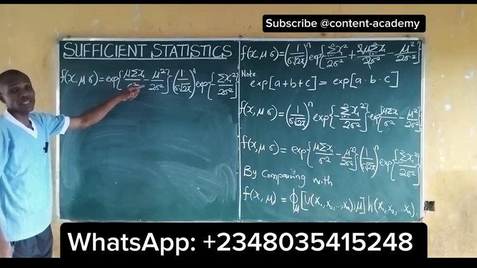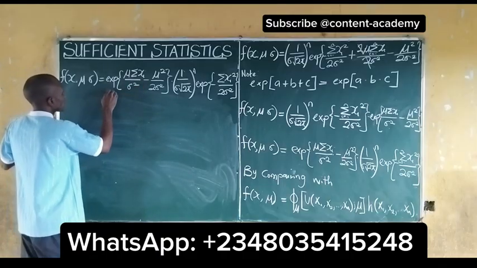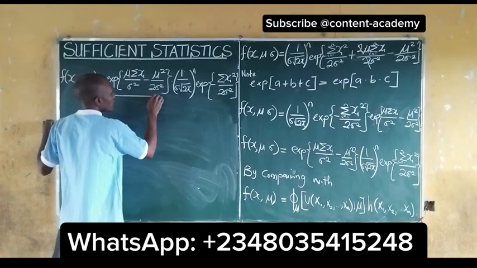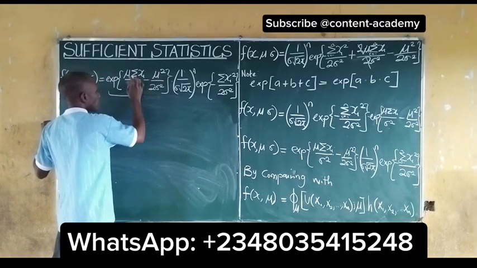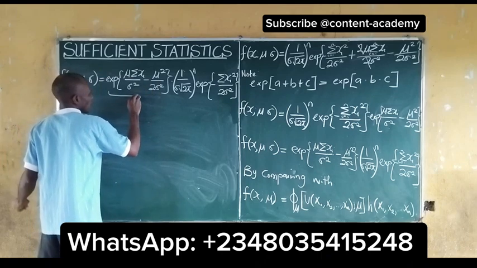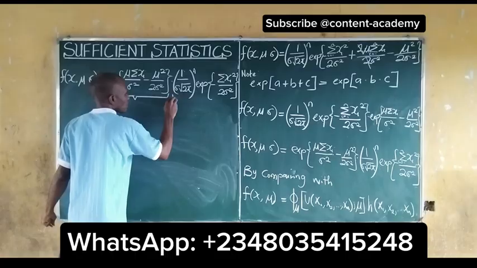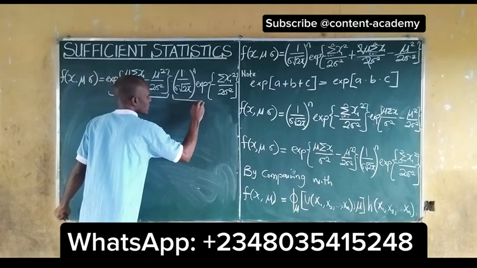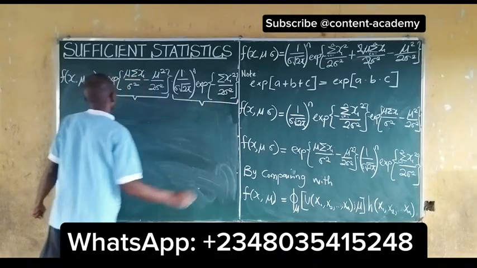Of course, we can still take the LCM of this, but it doesn't matter. So we have here one of the components, and we'll have this other side as the other component.